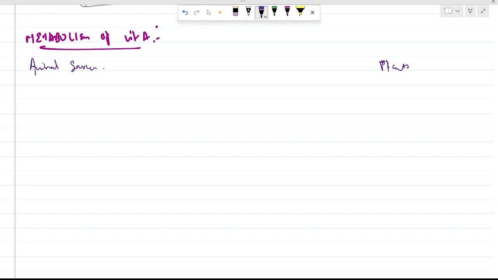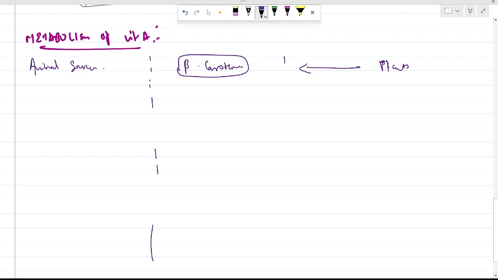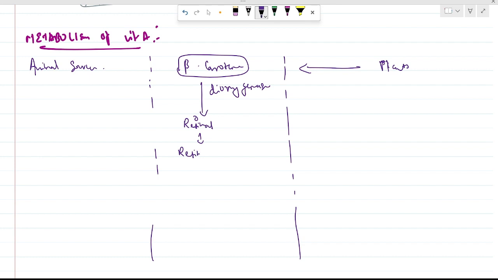From these plants we get carotenoids, the most prevalent form, beta carotene. Okay, so draw a separating line here. This beta carotene, under the influence of dioxygenase enzyme, is converted to retinal. This retinal is further converted to retinol.